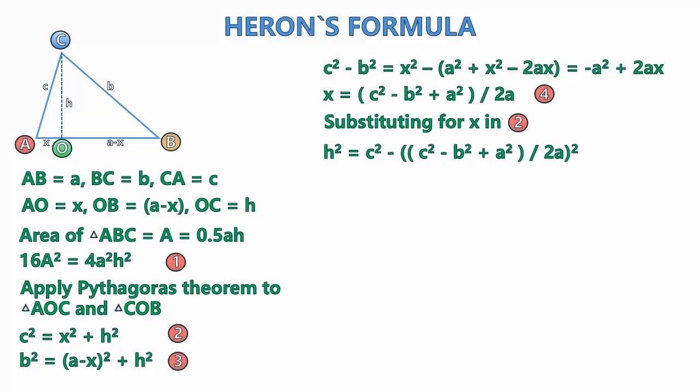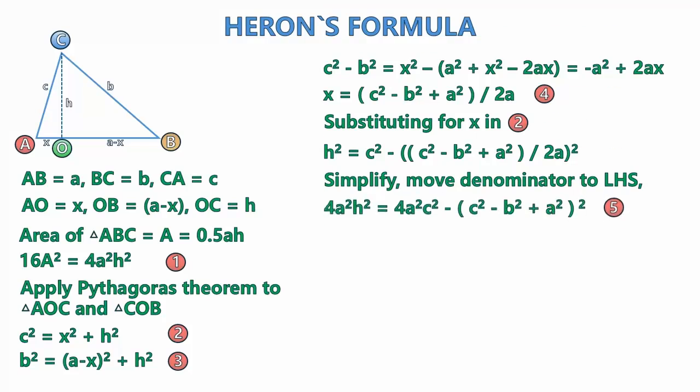Okay, so we know h squared in terms of a, b and c. And what we do is we'll simplify this. We'll find the common denominator and we'll move the denominator to the left hand side. Then we get 4a squared h squared is equal to 4a squared c squared minus (c squared minus b squared plus a squared) whole squared. Okay, this is equation 5.